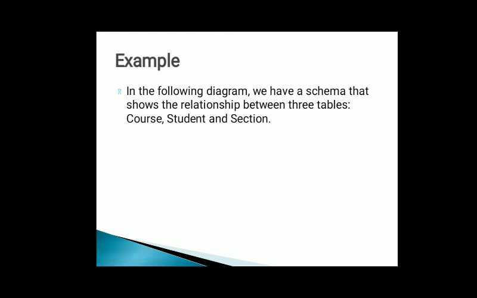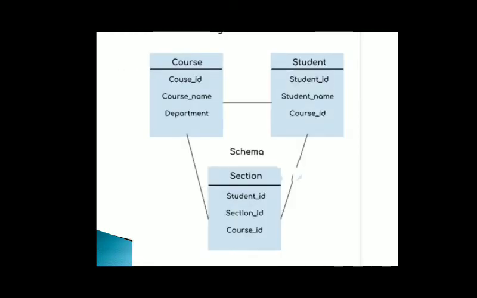In the following diagram, we have a schema that shows the relationship between three tables, for example, course, student, and section. Here, course contains the attributes course ID, course name, and department. Similarly, the student table contains the attributes student ID, student name, course ID.